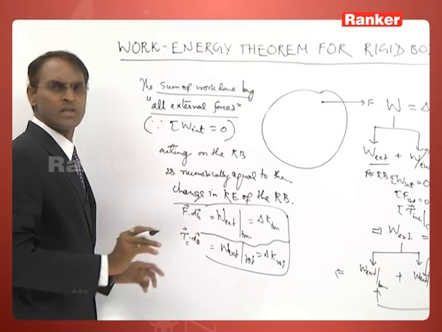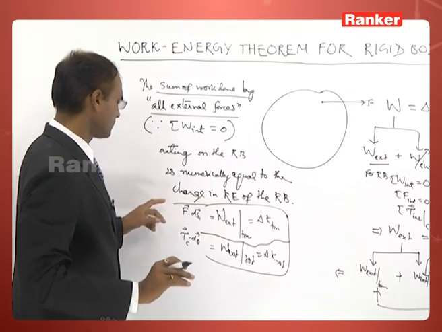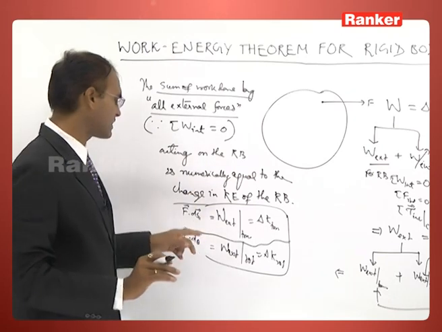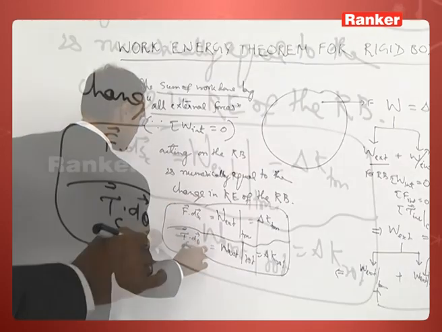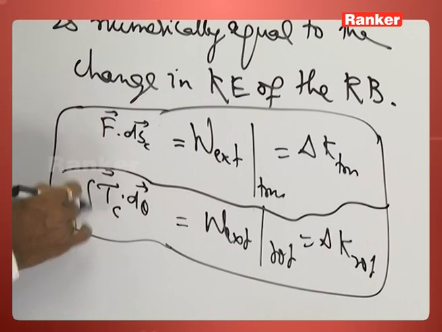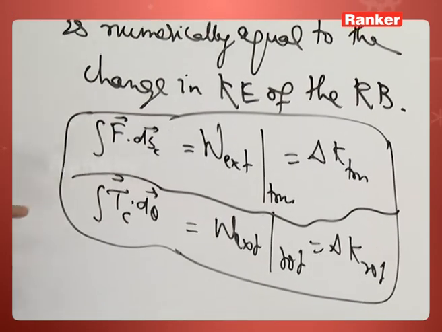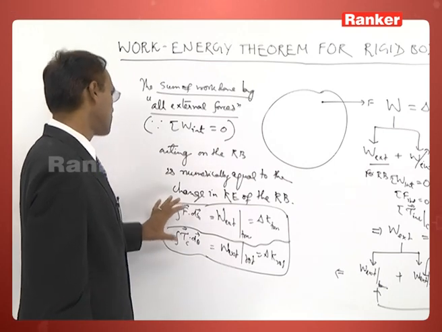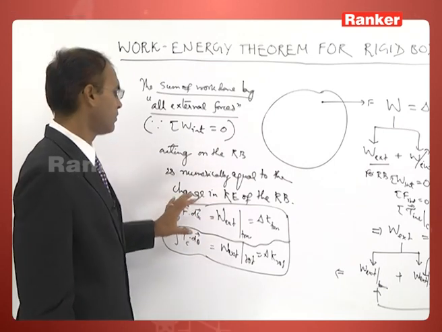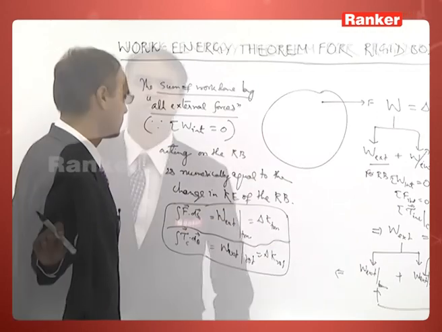Tau_c is the torque applied, or torque produced, by all external forces about the center of mass of the rigid object, what we explained in the last class.